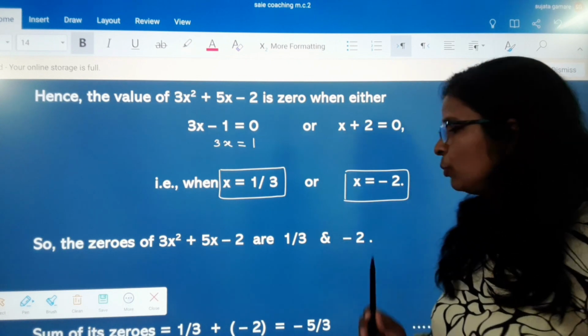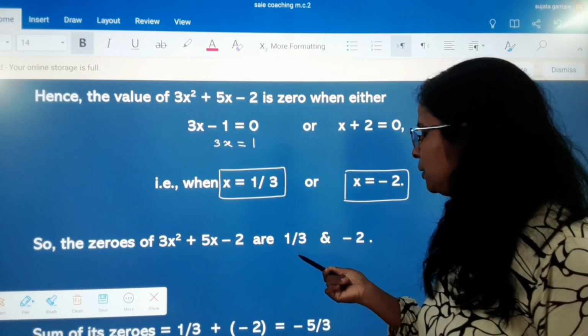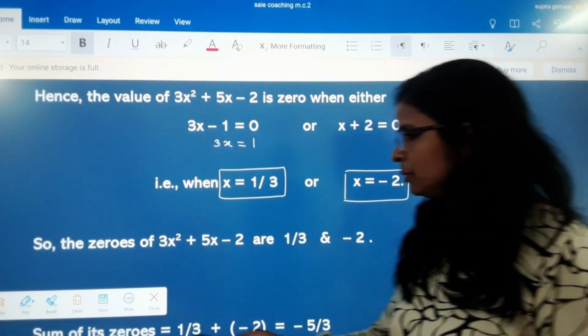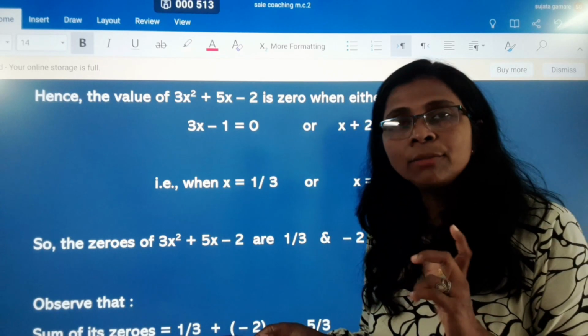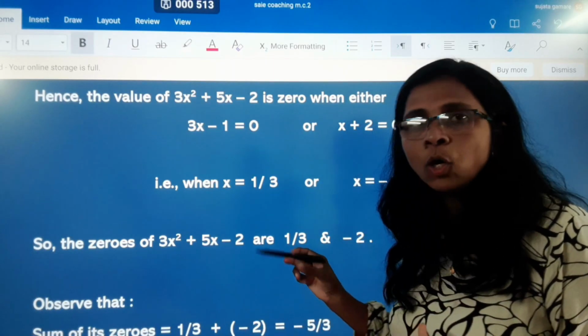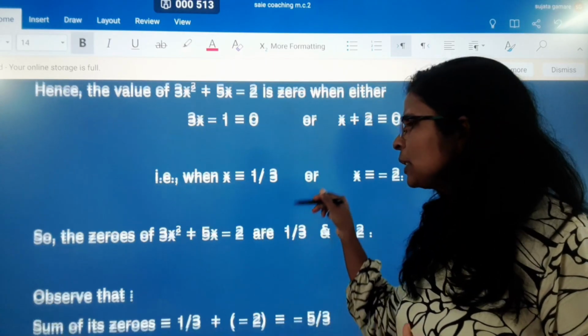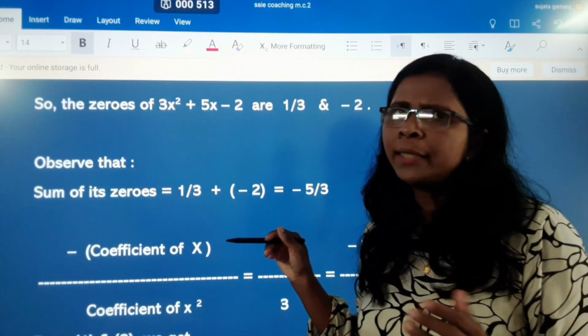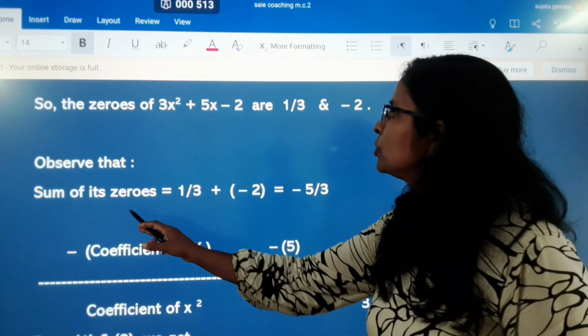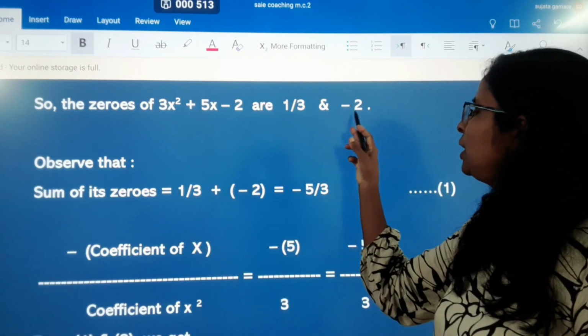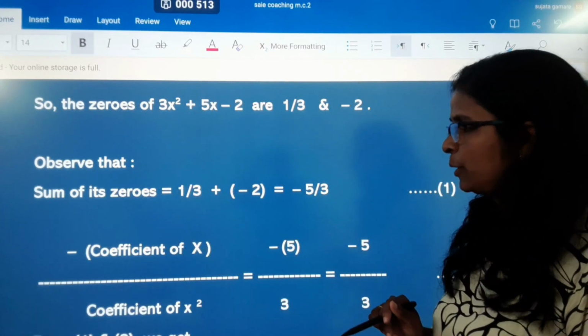Okay, so we consider this as alpha and this as beta. Now as per our formula, on the basis of the zeros of the polynomial and the coefficients of the polynomial, the sum of its zeros is 1 upon 3 plus minus 2.